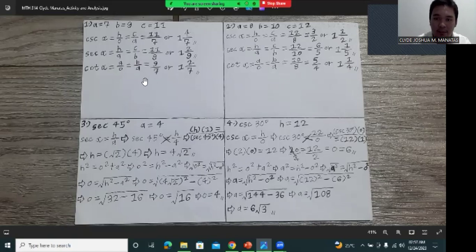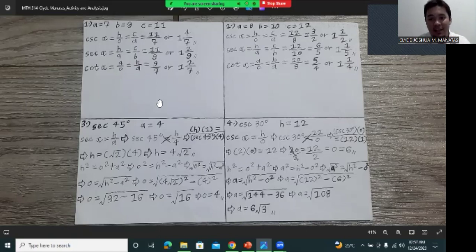Cancelling the same number, the left-hand side is left with the opposite leg, while on the right we evaluate: 12 over 2 is equal to 6. The opposite leg is equal to 6.